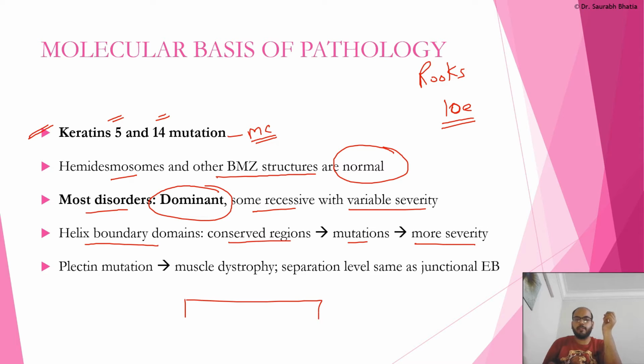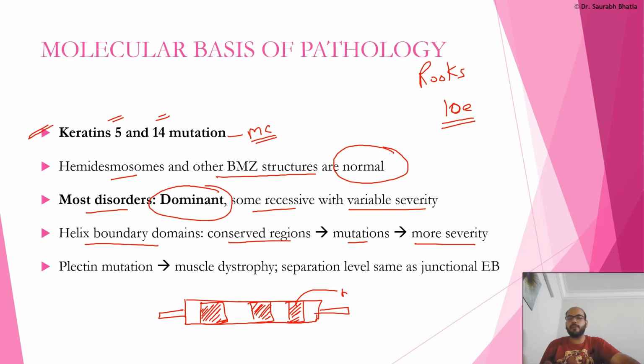Now, we have not done a video on keratinization, but let's just say that keratins have a kind of rolling pin structure. We'll go into details when we discuss keratinization. But there are certain regions inside the keratin molecule, the keratin protein, which are highly conserved. And conserved means that they don't change much in humans.